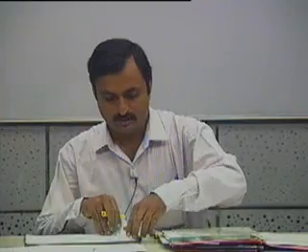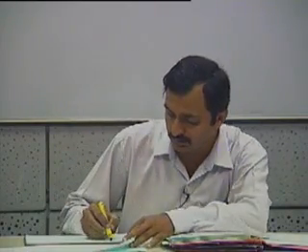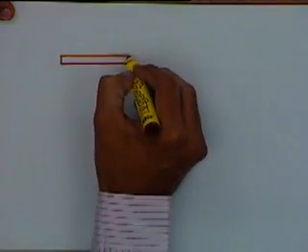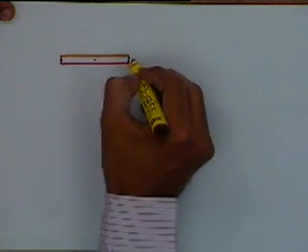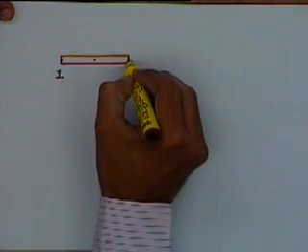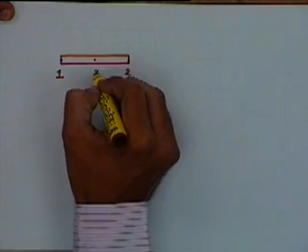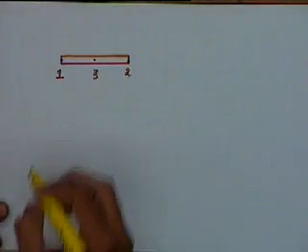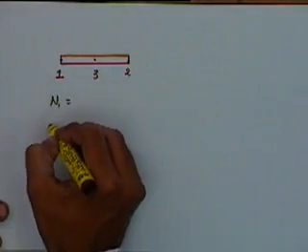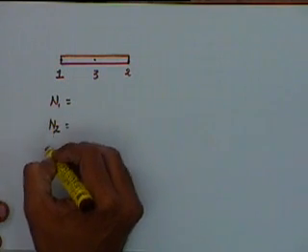If you remember, in a simple 3 noded one dimensional element, we had taken quadratic variations for N1, N2 and N3.